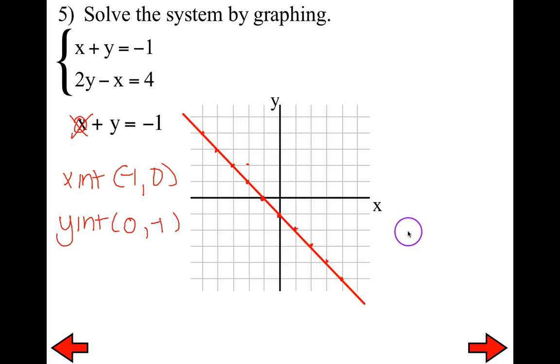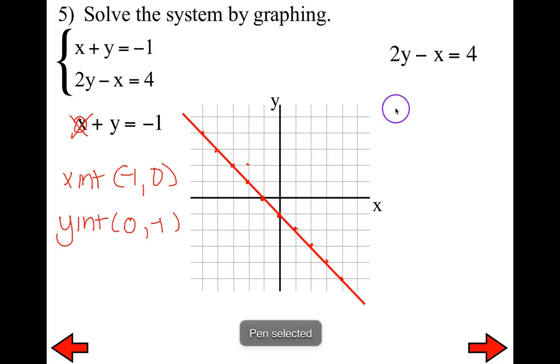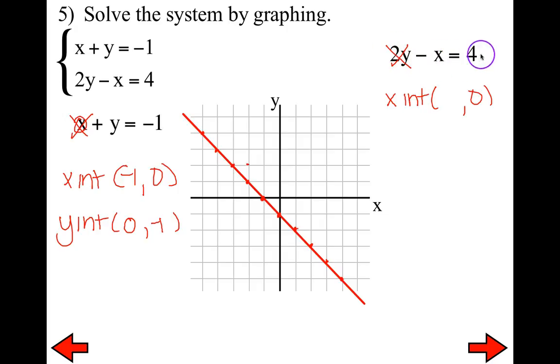Now for the next one, we have another equation in standard form, so I can definitely graph by using x and y intercepts. So the x-intercept here, I'm focused on the x, so I'm going to get rid of the y value by making it 0. So 2 times 0 is 0, so that's gone. -x equals 4, so if you divide by -1 to both sides, I'm going to be left with x equals -4.